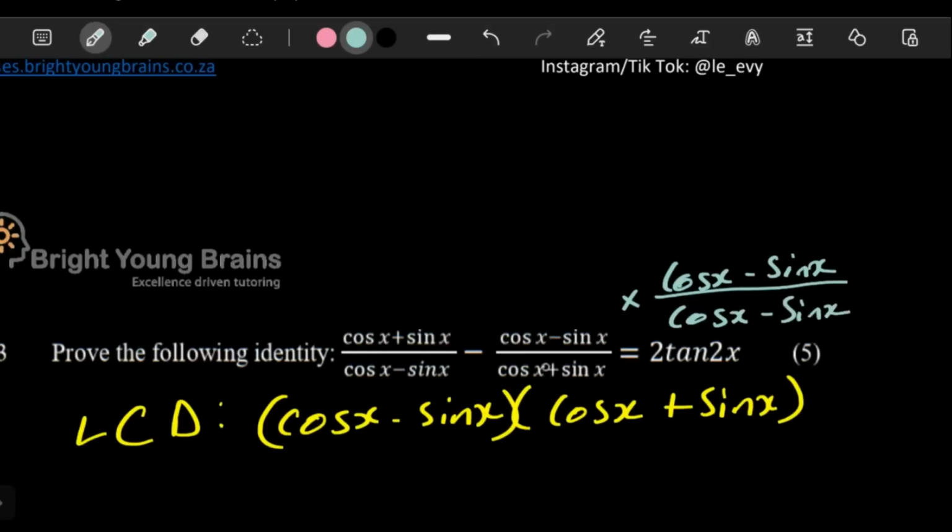And this thing here, you're going to multiply by cos x plus sine x over cos x plus sine x. So this is the same as multiplying by 1.